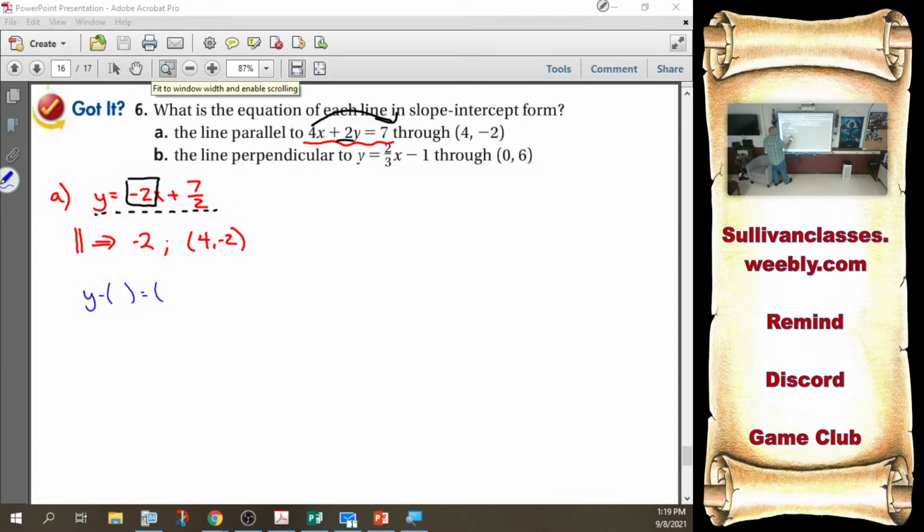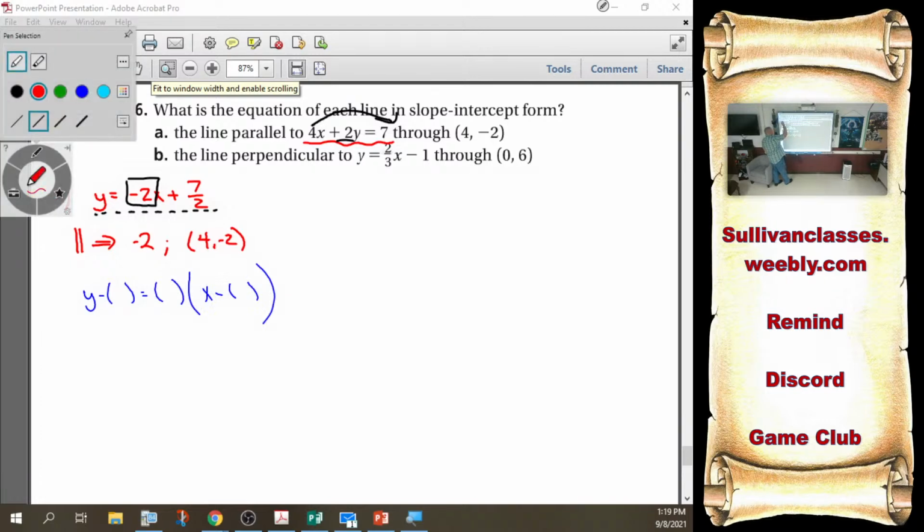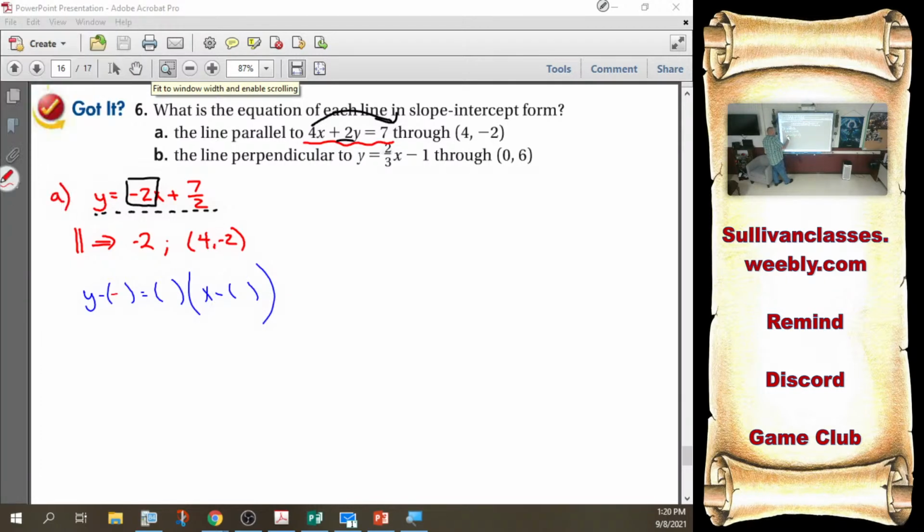Y minus y1 is m times x minus x1. y1, m, x1. Getting y plus 2 is, y'all okay if I distribute now? And then move that 2 over. Okay.